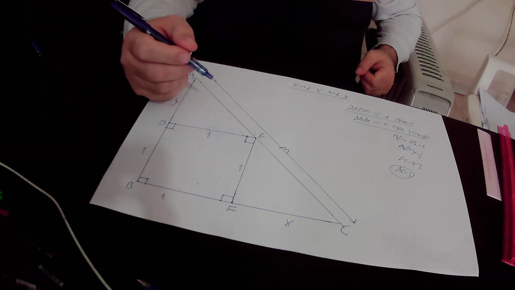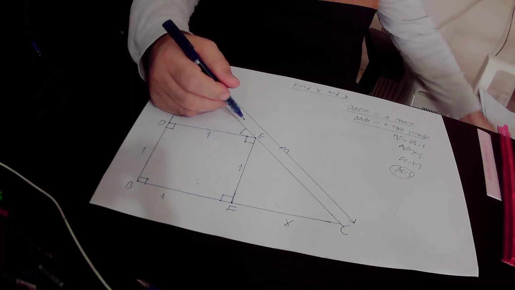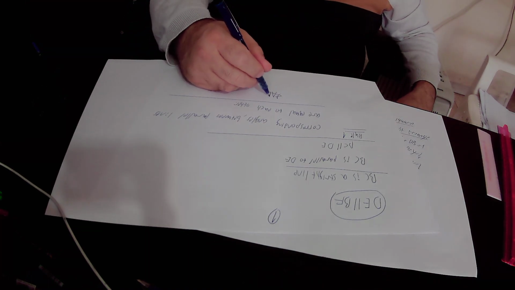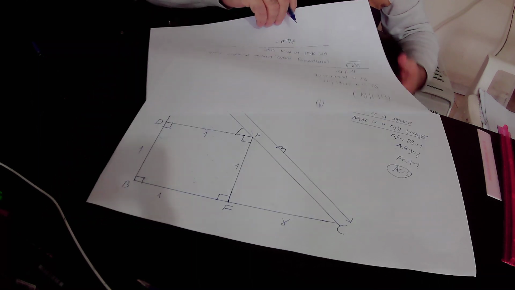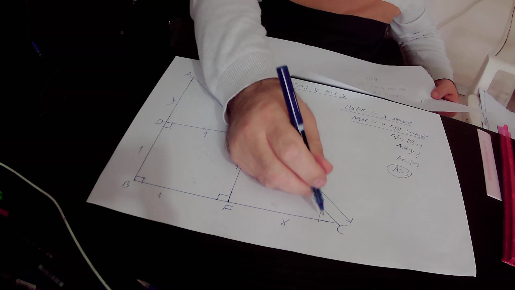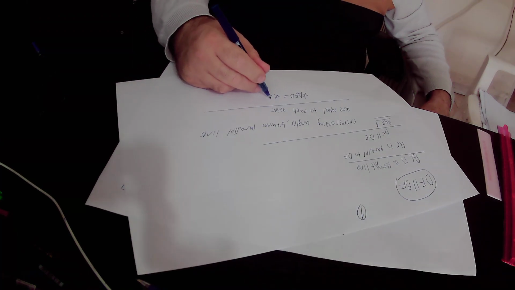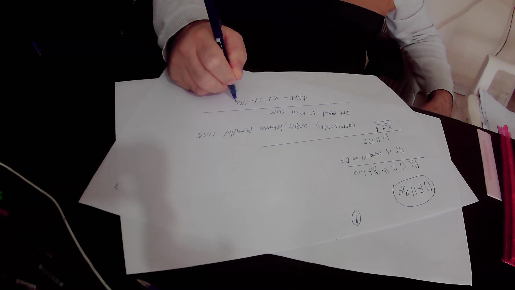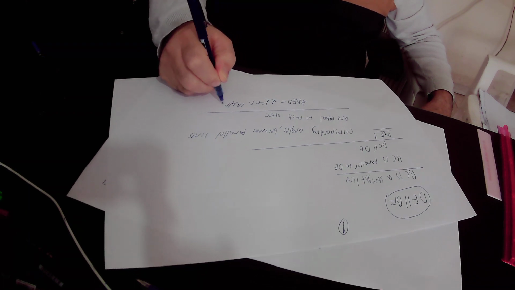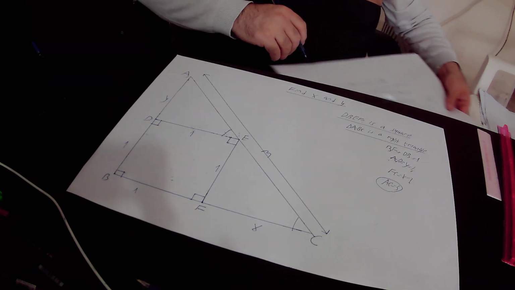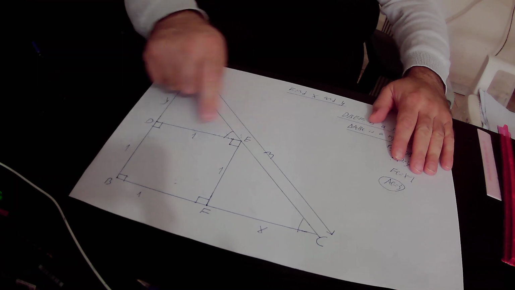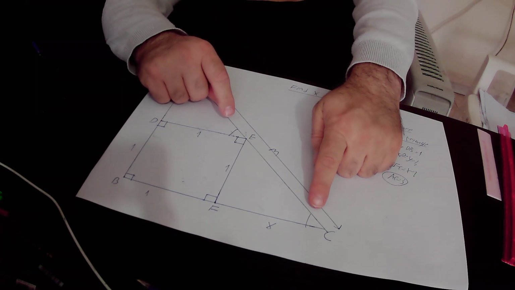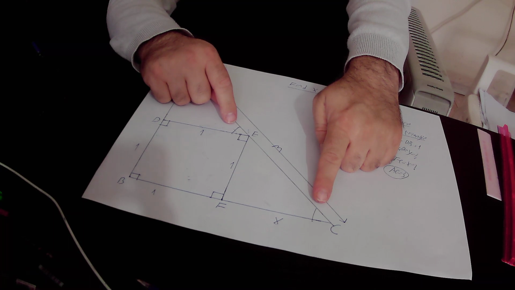So we can write down that angle AED, this angle, is equal to angle ECF, this angle, and they are equal according to rule number 1, because DE is parallel to BC and the two angles are located between those two parallel lines.